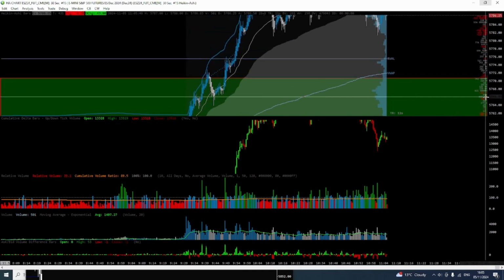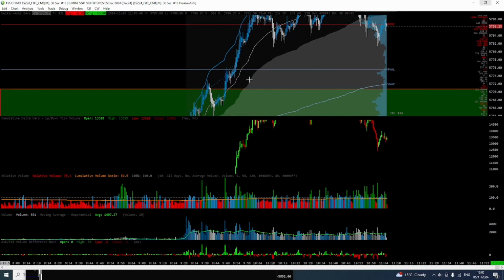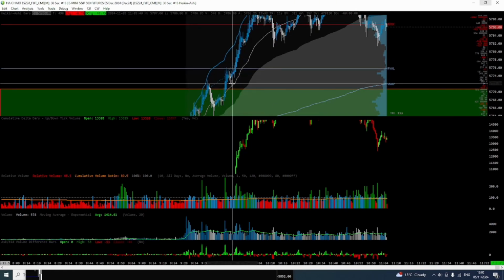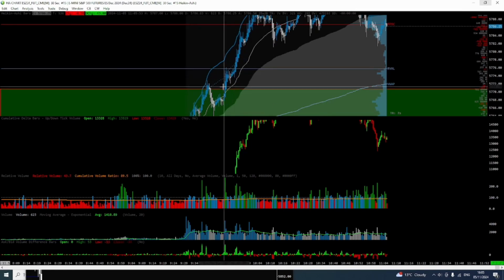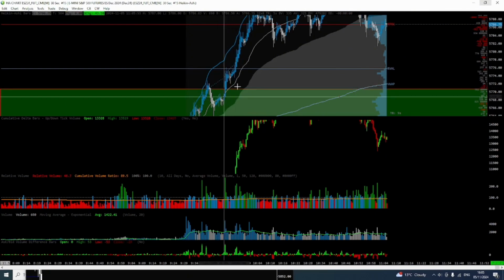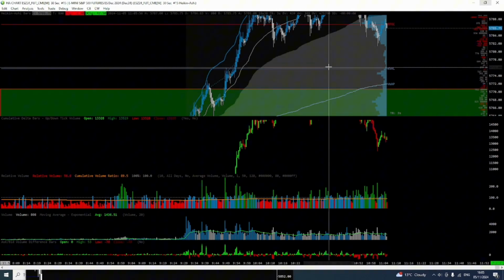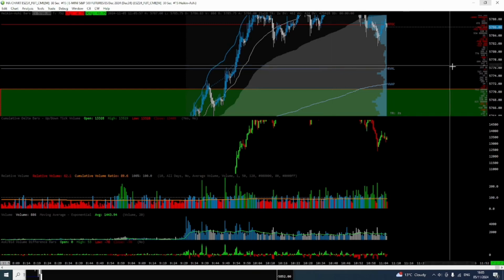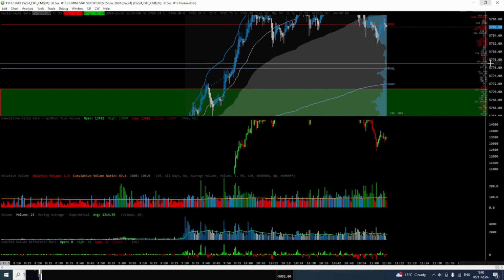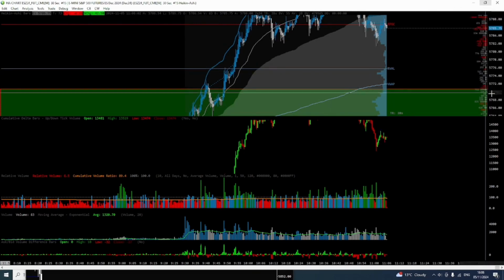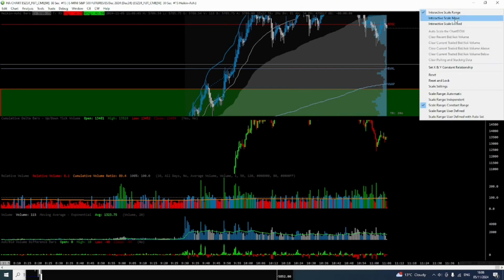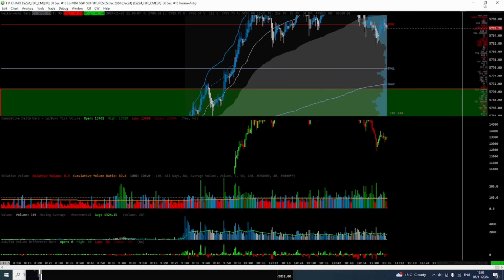And then I really and truly should have entered over here, on this retest of 1.5 standard deviation. Now obviously when you have a weak trend, price will, let me just range this out. Actually, I'll use a different VWAP. I just need to show you something.